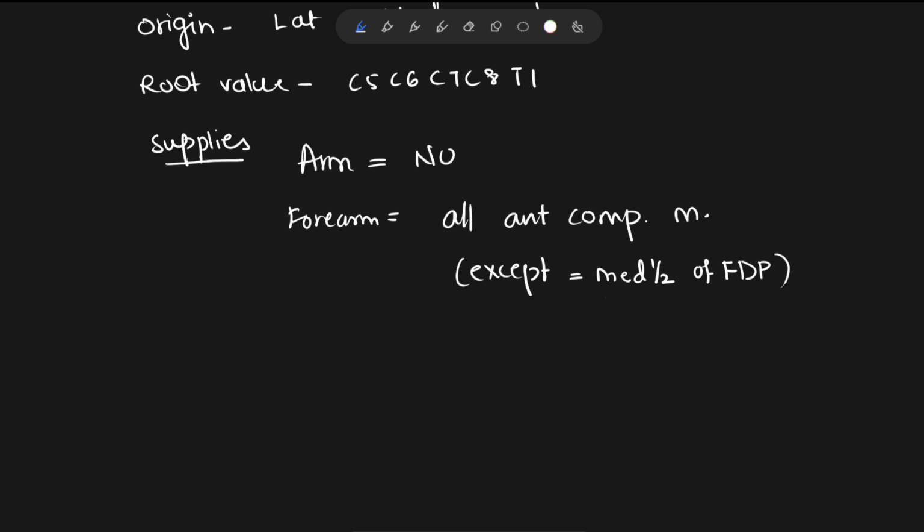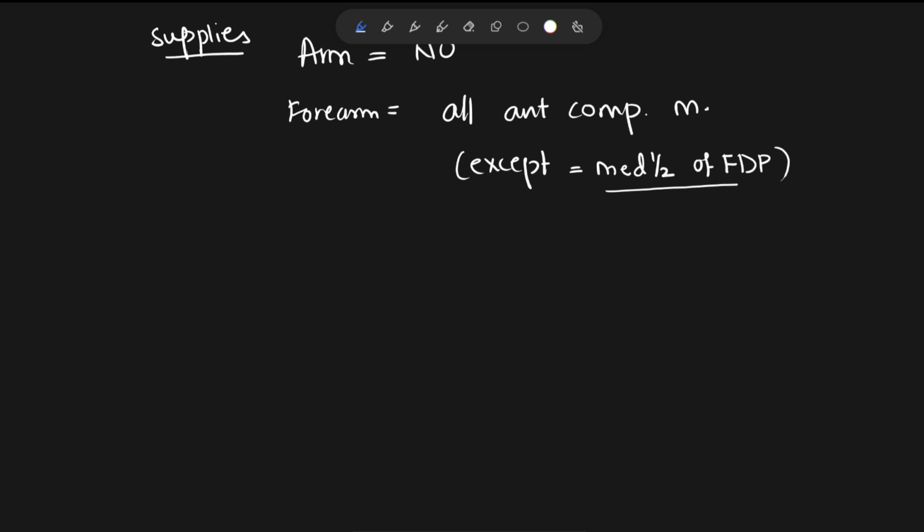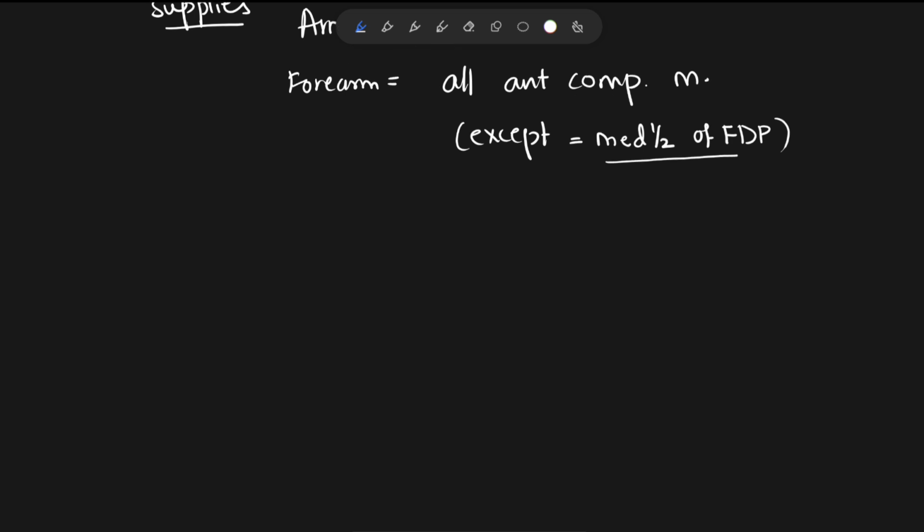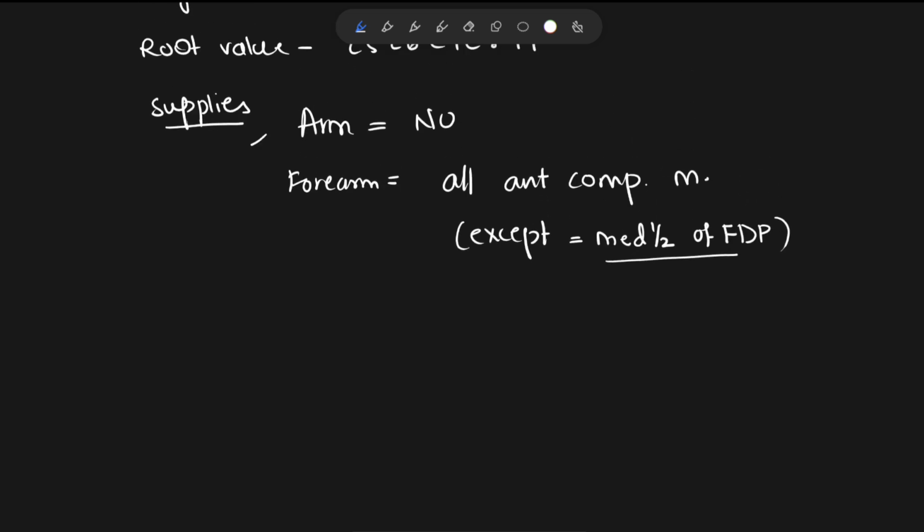It means it supplies only the lateral half of the flexor digitorum profundus. I will explain that afterward. So here, in the arm, no muscle, no innervation. In the forearm, all the anterior compartment except the medial half of the flexor digitorum profundus.